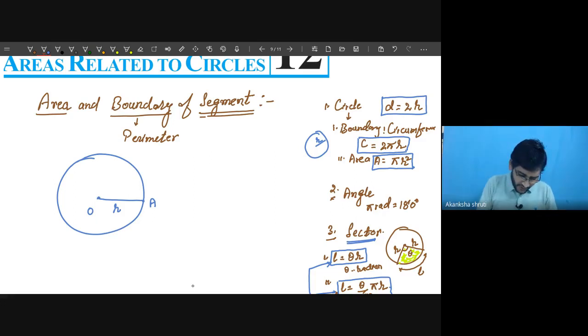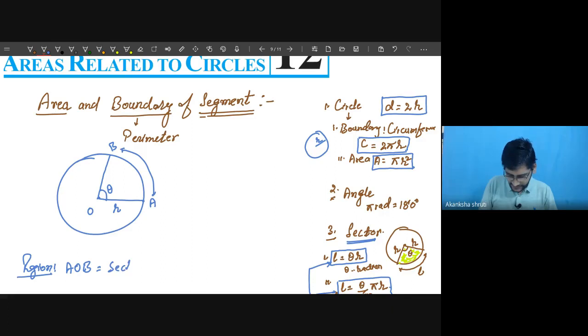If you move on this circular boundary to some other point, say B, the angle formed at the center was considered as theta, and the entire region bounded, meaning the region OAB or AOB, means one of this arc length and the two radius, was our sector.